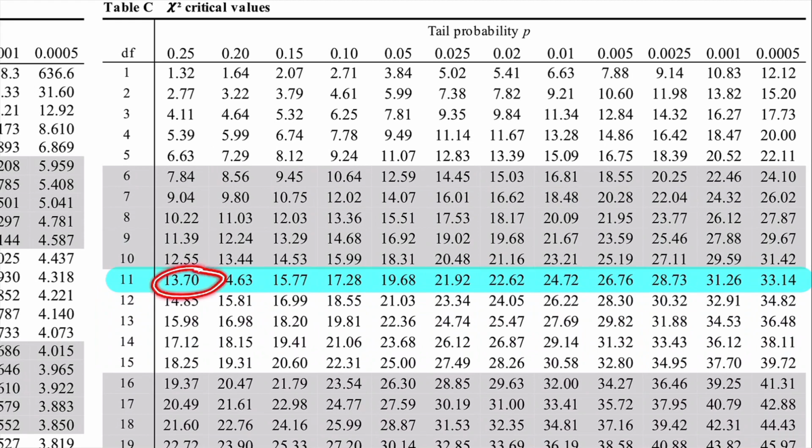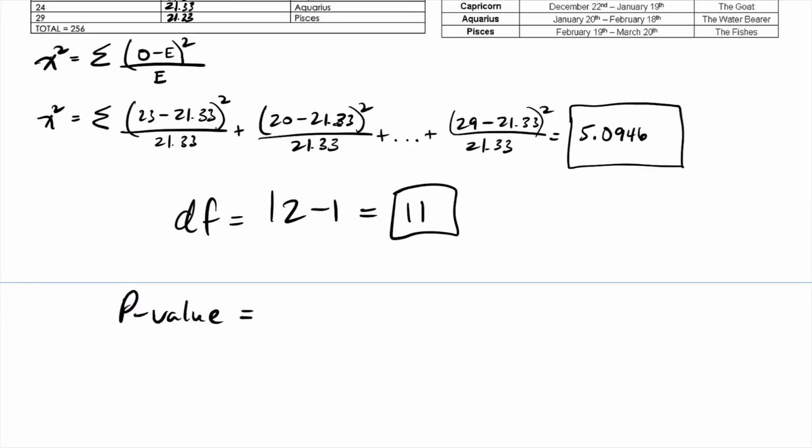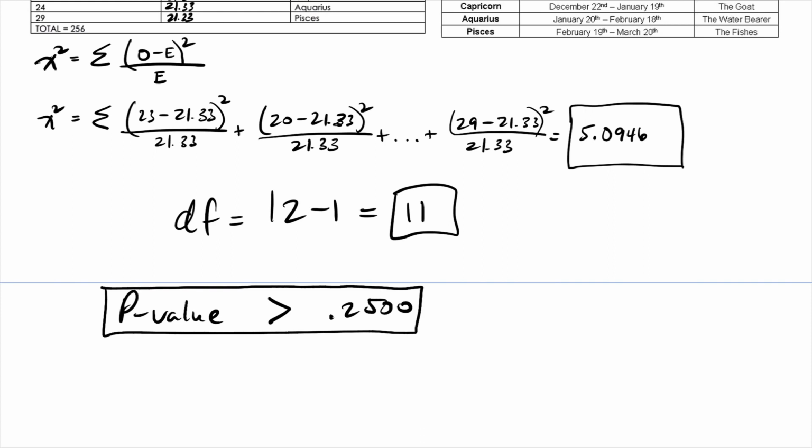Right? It's lower than the extreme left, the last one that's extreme. So it's going to be even lower than this. A lower chi-square means a higher probability, though. So it's going to be greater than 25%. All right, so let's put greater than 25. Okay, there's the p-value. All right, so that's all calculations.